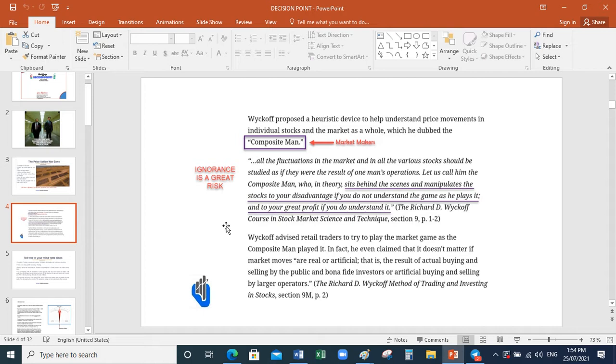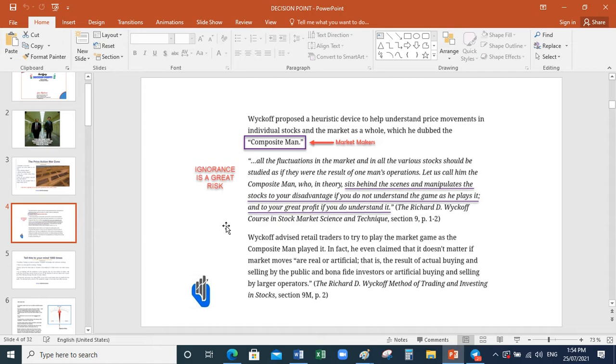Whether you like it or not, the market operators called the composite man manipulate the market. They sit upon your trade and take advantage of your ignorance of the market direction or sentiment that plays around the market. So if you understand how this game is being played, you make a lot of profit from it. So understanding is the key.